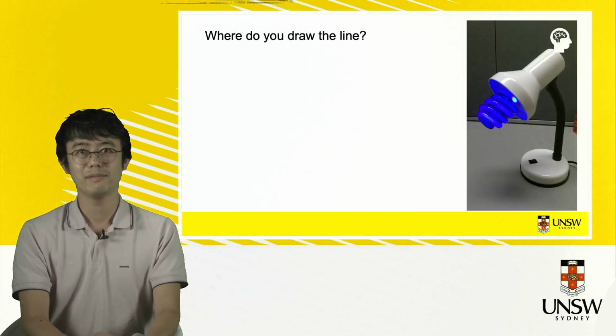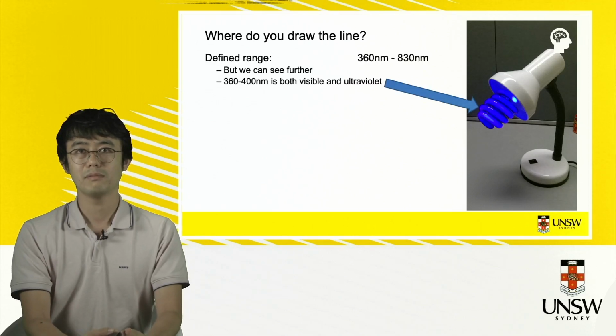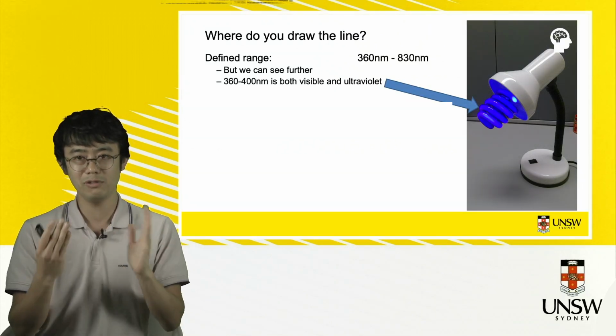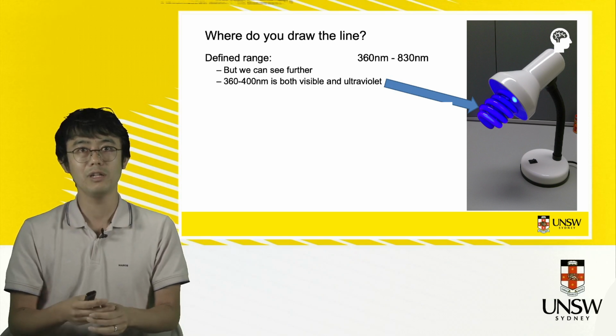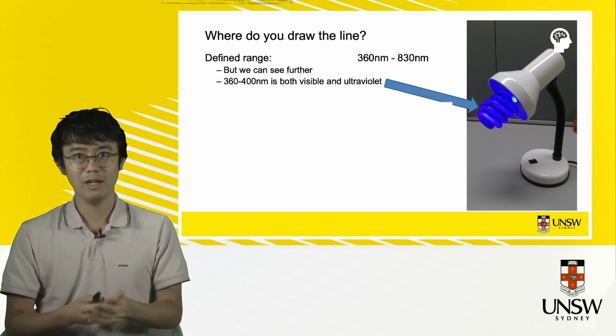Where do you draw the line? Here is a lamp that emits UV light. From memory, it releases mostly 360 to 380 nanometer light, so it's definitely in the UV range.